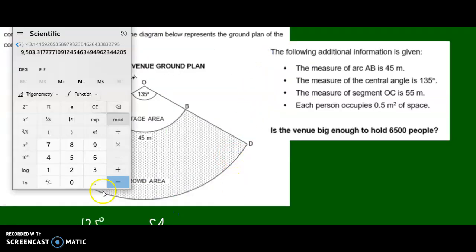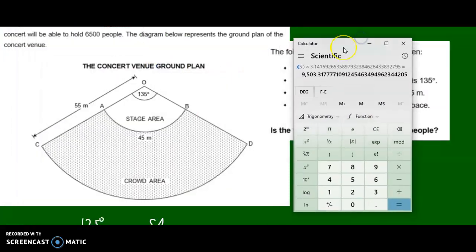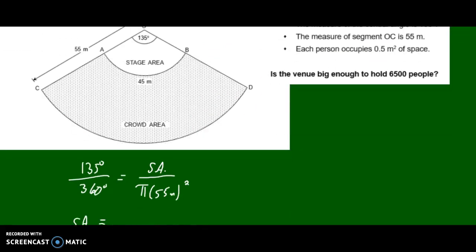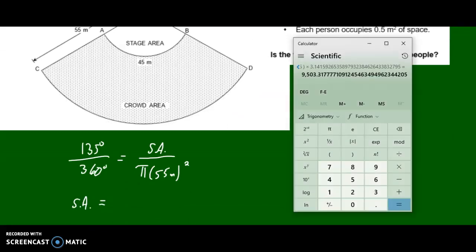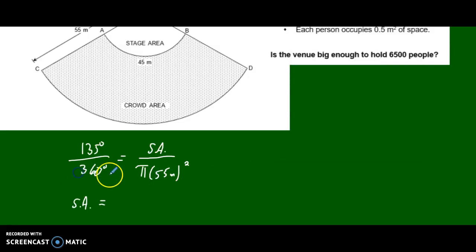So 55 squared times pi is the total area of the circle, times 135, divided by 360.